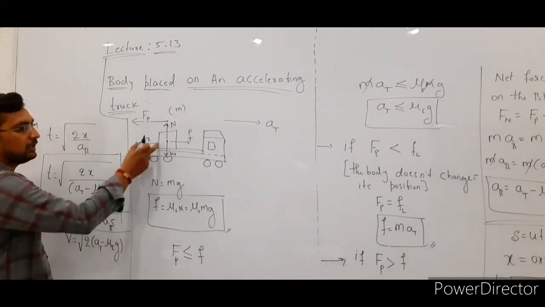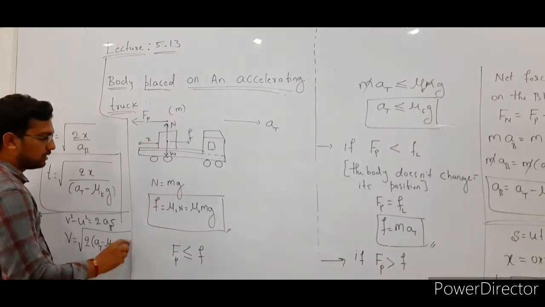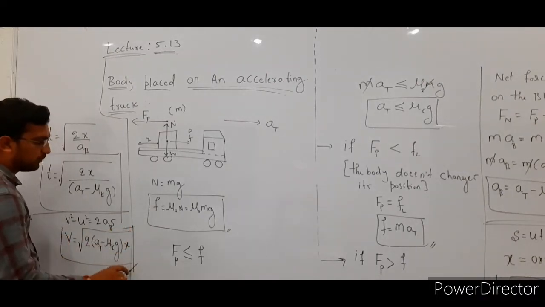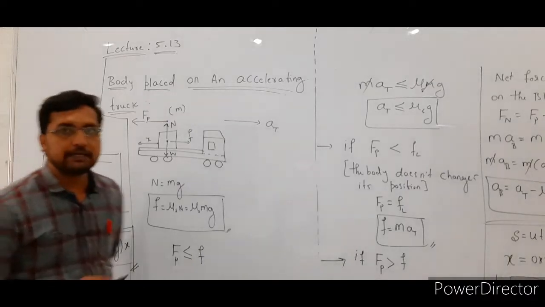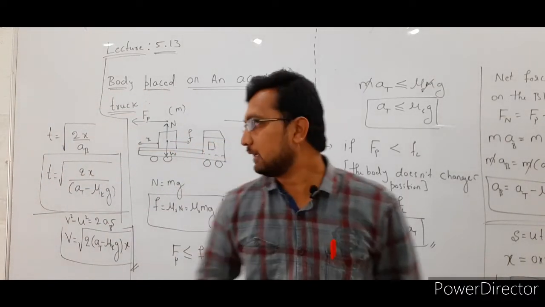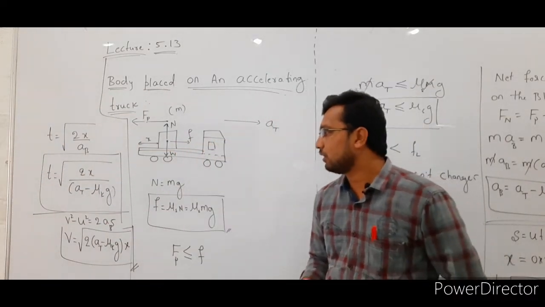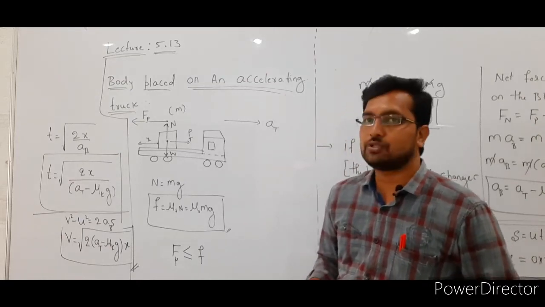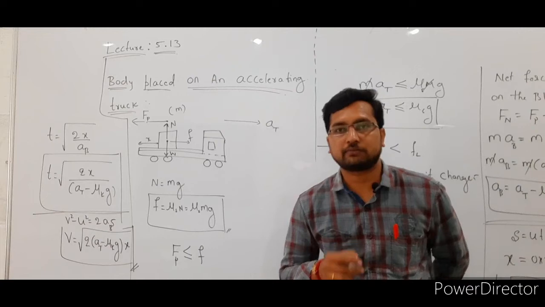S is nothing but the distance, that is x. We use this formula to find the velocity of the block at the instant it leaves the truck. So v is equal to under root of 2 bracket of a_t minus mu_k g bracket of x.